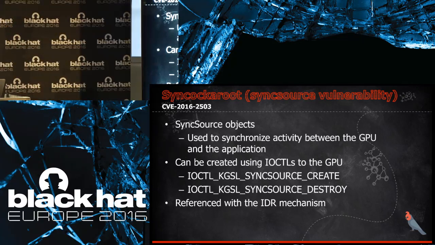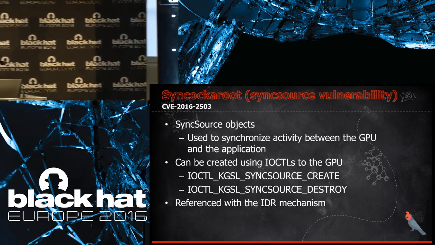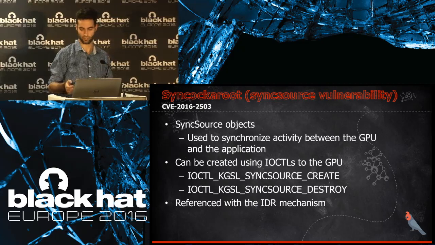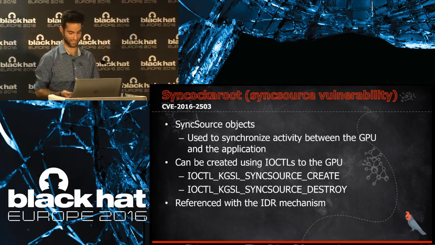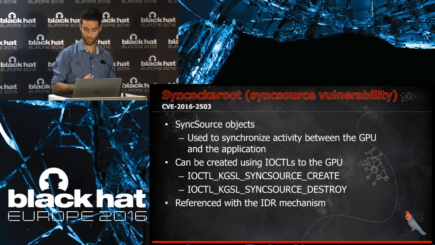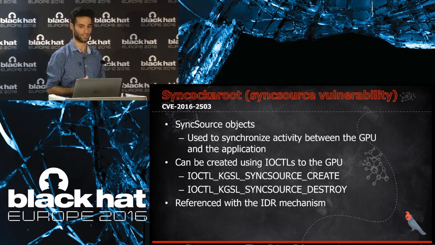Apps don't use it themselves. It is usually wrapped by other graphics engines like OpenGL and soon by WebGL 2.0, which means that if we would find it in 2 years, we could have had remote access to the kernel from the web. Now, we don't have to know a lot about the object to understand the vulnerability. We just have to know how to create it and destroy it.